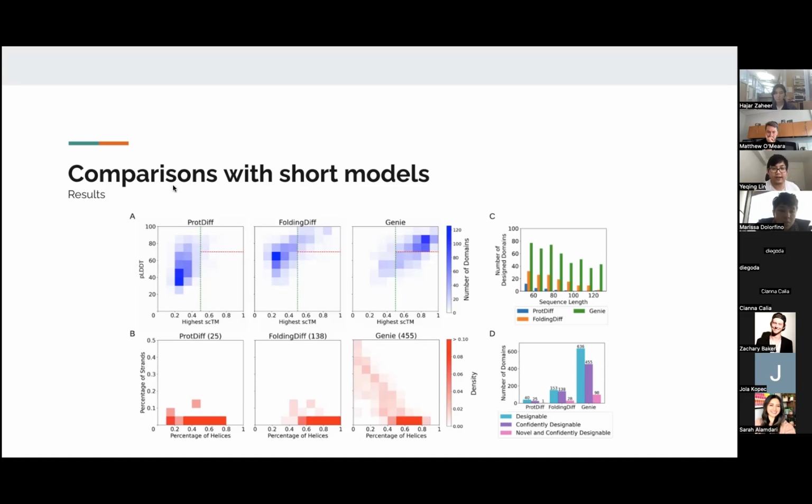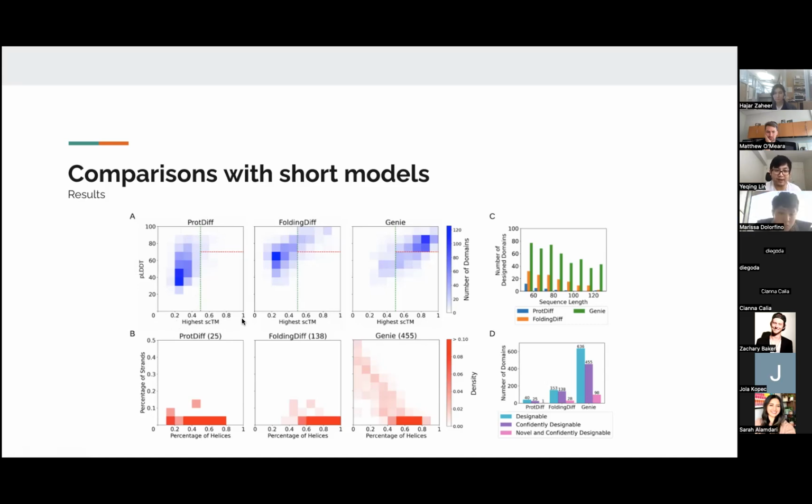And here we have ProDiff, which is using EGNN, an equivariant graph neural network, to do the reasoning. And FoldingDiff is reasoning in terms of torsion angle space, as well as Genie. So as we can see, for graph A, the x-axis is the highest scTM.